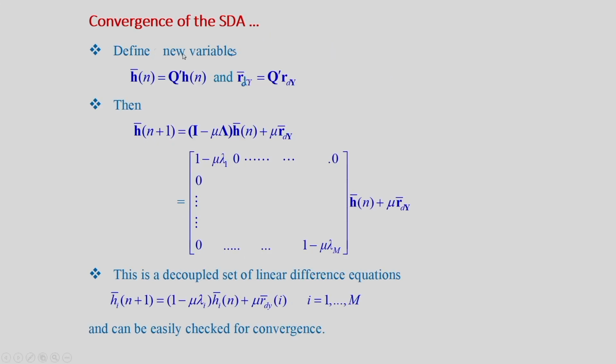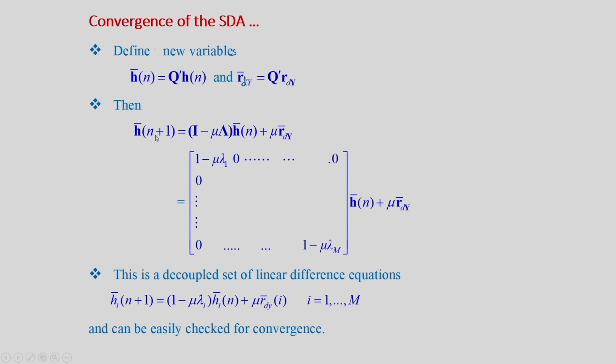Let us define new variables, that is H bar n is equal to Q transpose into Hn and R dy bar is equal to Q transpose into R dy. So, in terms of these new variables we will now have H bar n plus 1.